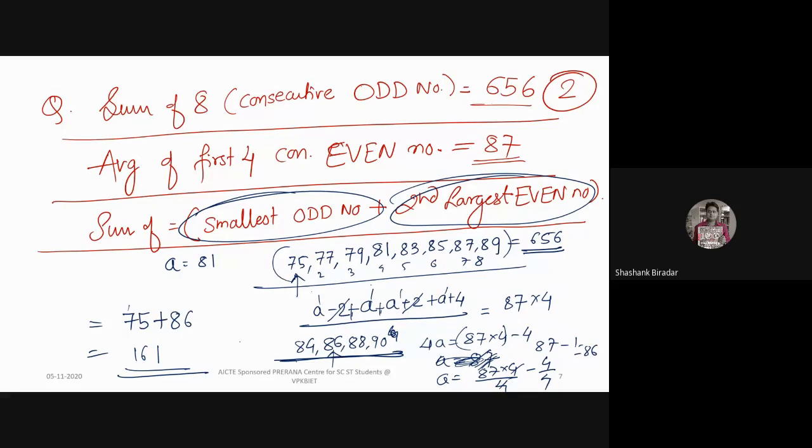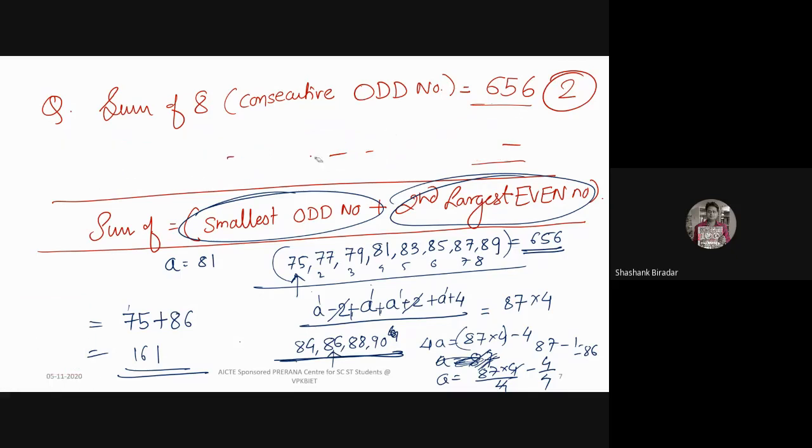Such things you have to take into account. What is the logic in such problems? Whenever you are thinking of some numbers which you have to assume, you have to take those numbers in a sequence.